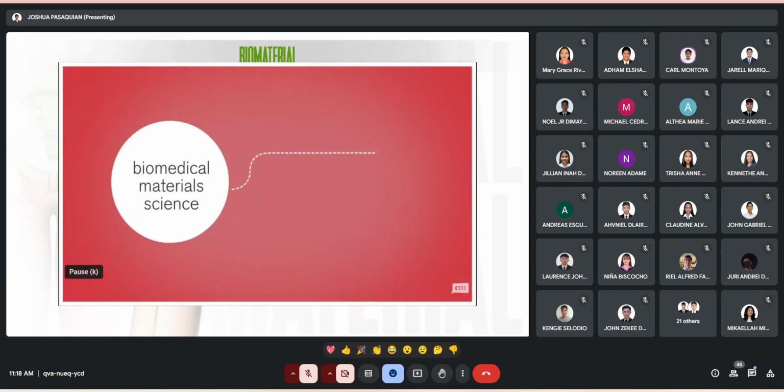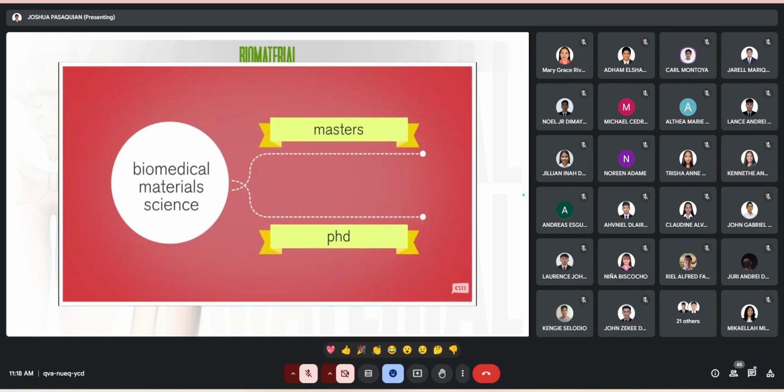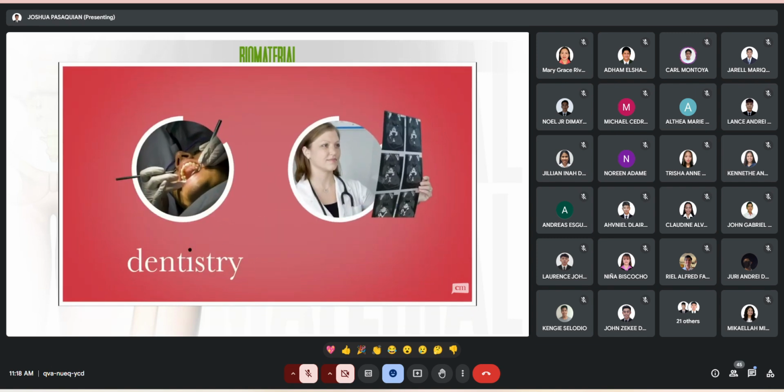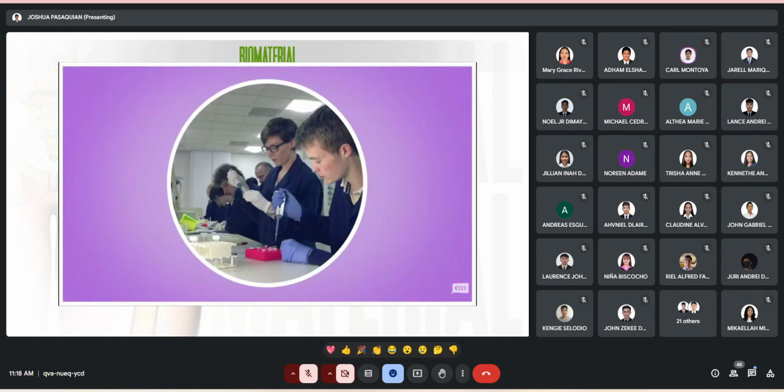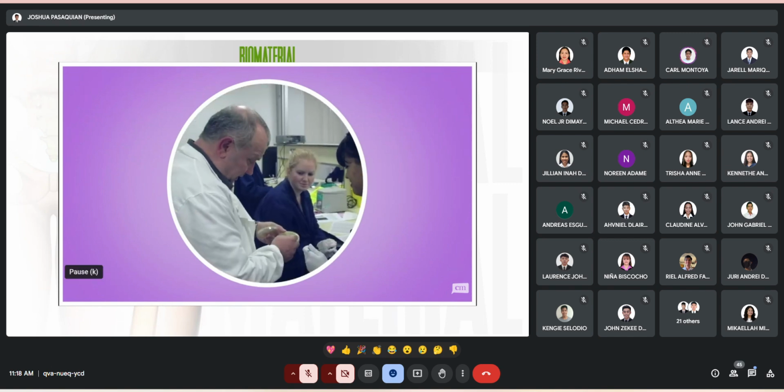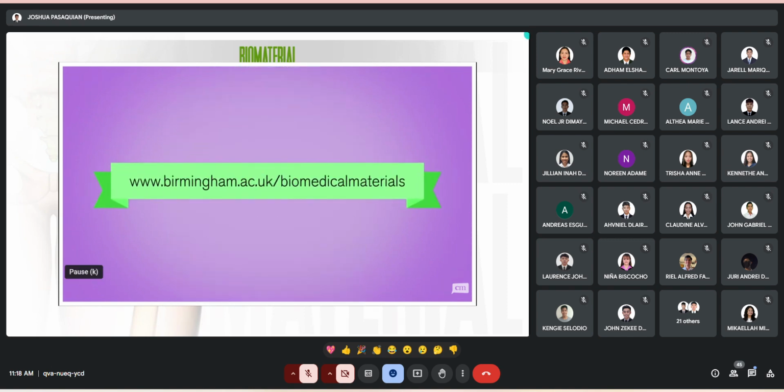Other graduates have continued their studies to master's or PhD level, with some training for clinical professions such as dentistry or medicine. If you want to study a degree program and contribute to improving the quality of life for millions of people, visit our website to find out more.